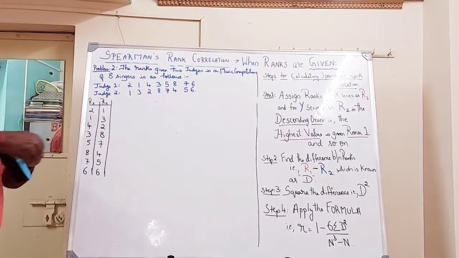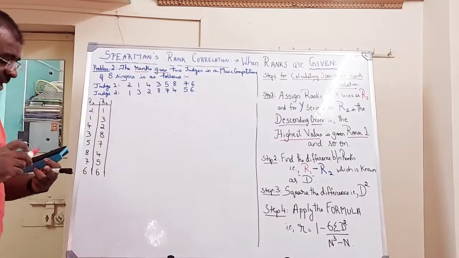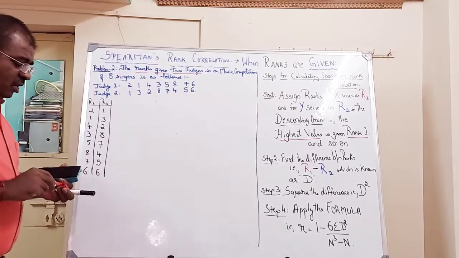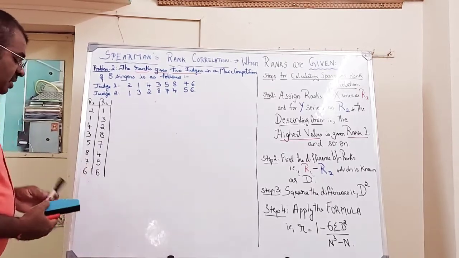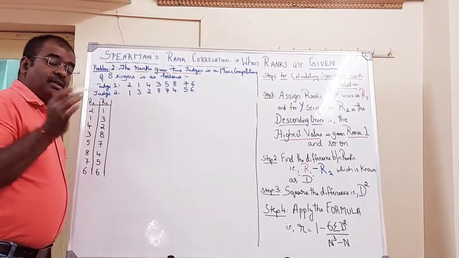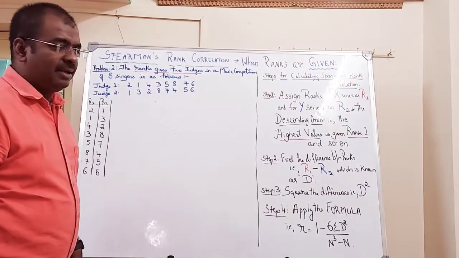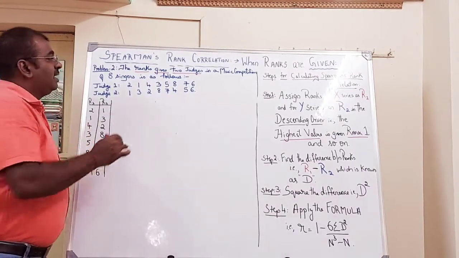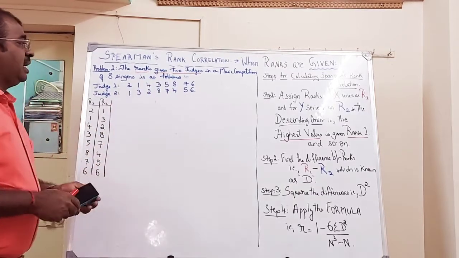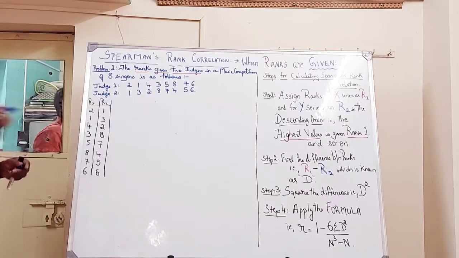Here it already says the ranks given by 2 judges in a music competition of 8 singers are as follows. The previous question was to find the correlation between X and Y, but here the problem clearly says the ranks given by 2 judges in a music competition are as follows.